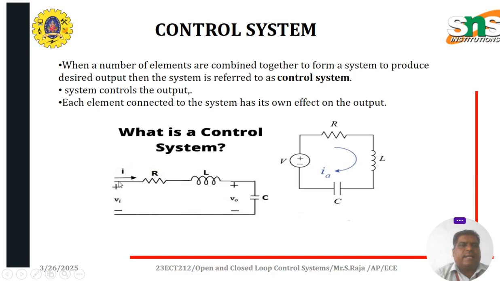Whenever this current is flowing, each component in this circuit gives some of its own characteristics. For example, the resistor will resist the input current, the inductor will convert this into a mutual inductance value, and the capacitor will have the power of changing the capacitance of this input signal.